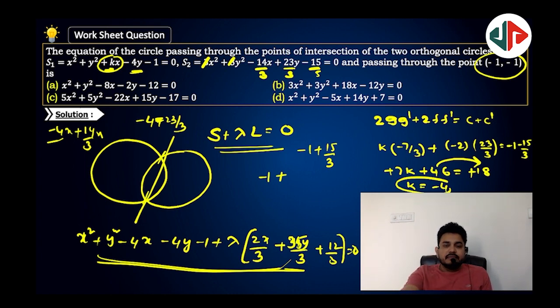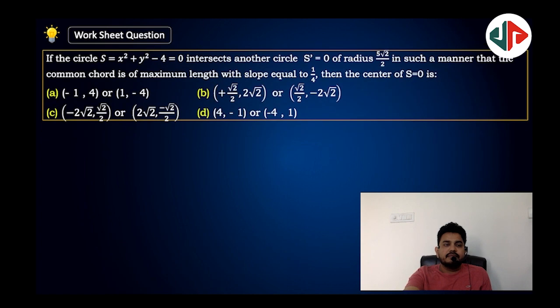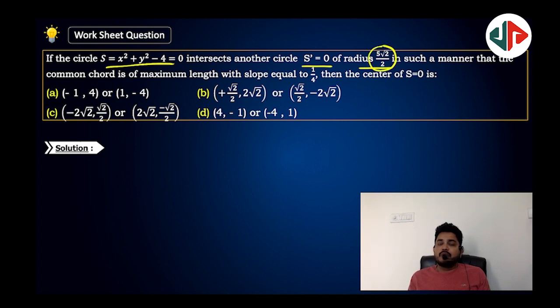Right. Next one is, if the circle intersects another circle of radius in such a manner that the common chord is of maximum length, radius is 5 root 2 by 2, that is 5 by root 2.